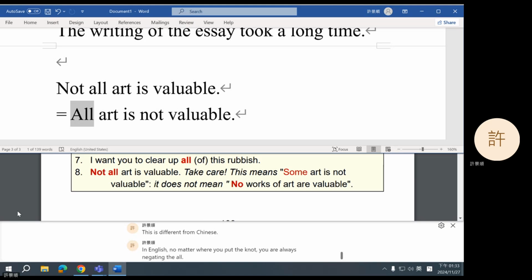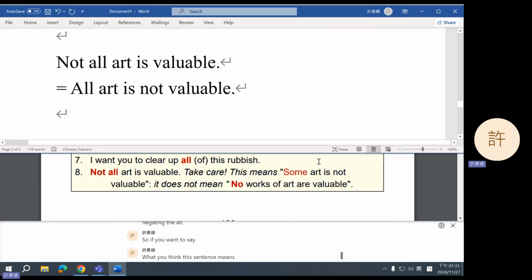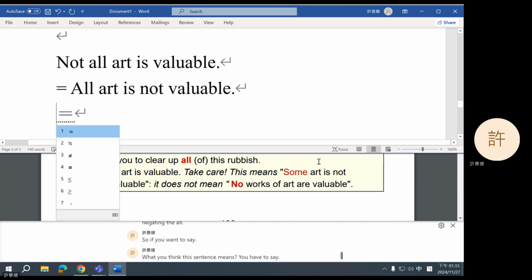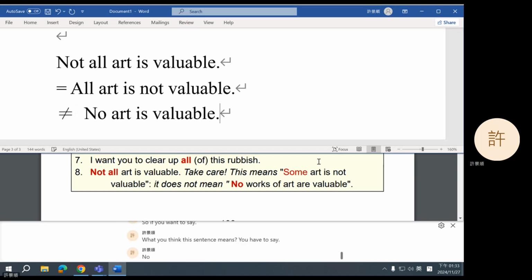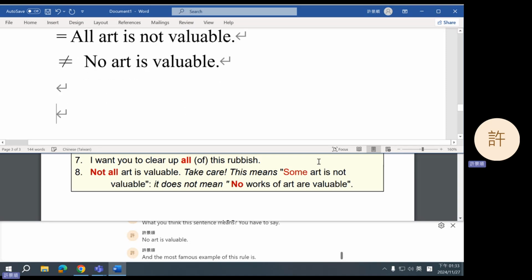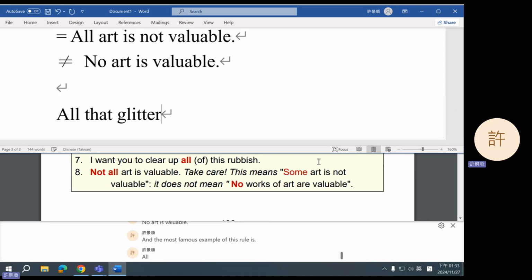So if you want to say what you think this sentence means, you have to say, no art is valuable. And the most famous example of this rule is, all that glitters, or sometimes you will see glistens, is not gold.